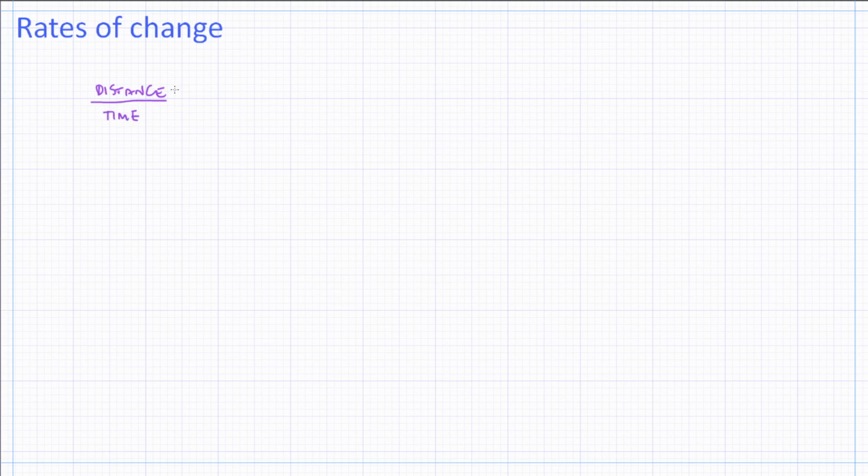So when you calculate distance over time, you get what we call speed. Here it's a speed because you don't care about direction. This is a rate of change, a rate of change of position over time, right?